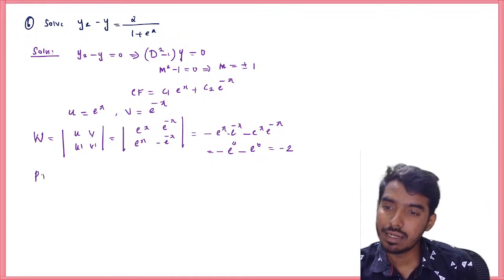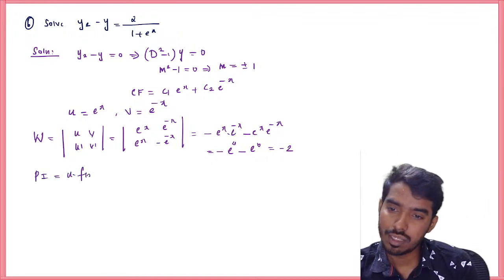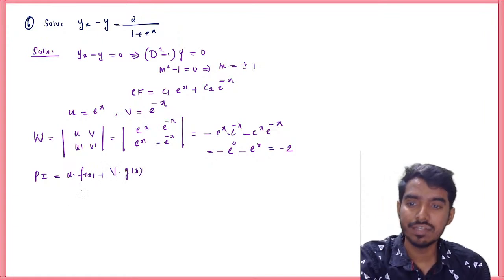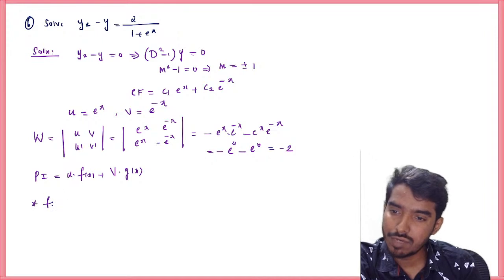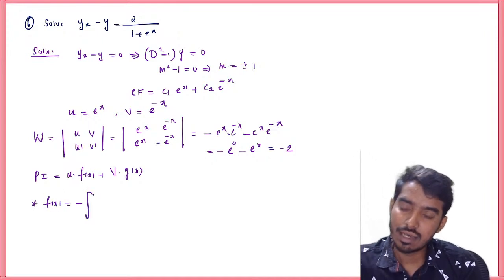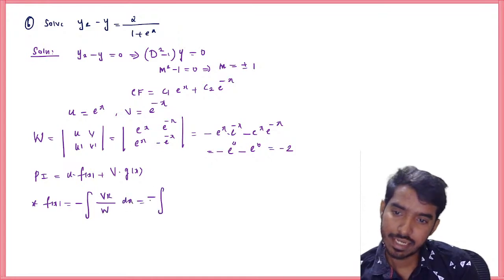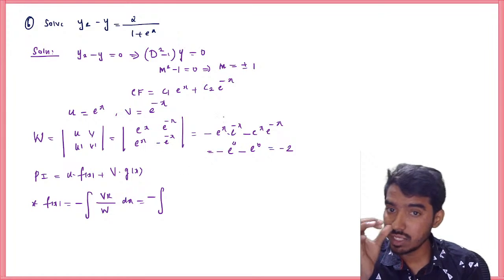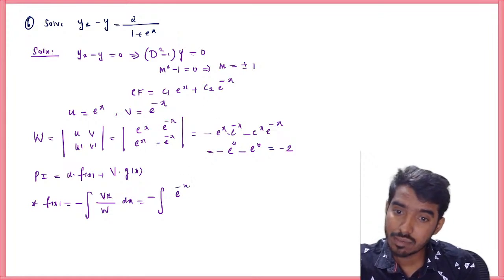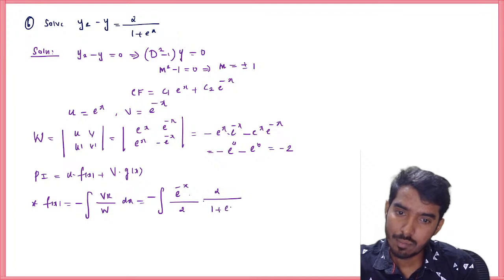Now what is your particular integral? U into f of x plus v into g of x. Now we'll find f of x and g of x. What is your f of x? Integration of minus v R by W dx. So what is v? V is e power minus x into R. W is minus 2, R is 2 divided by 1 plus e power x.